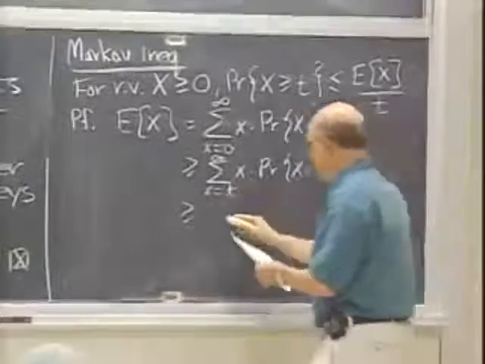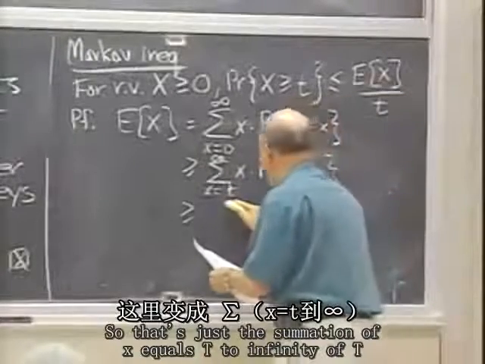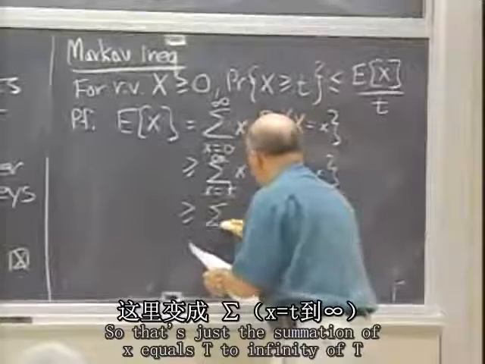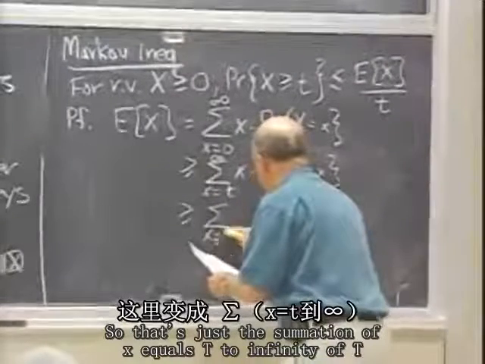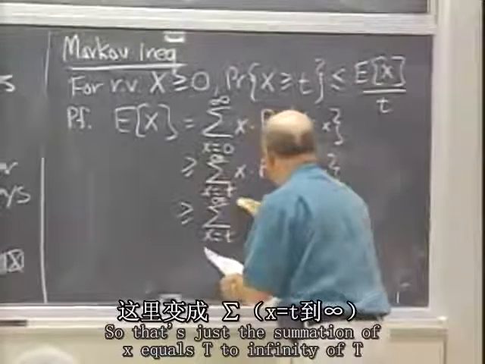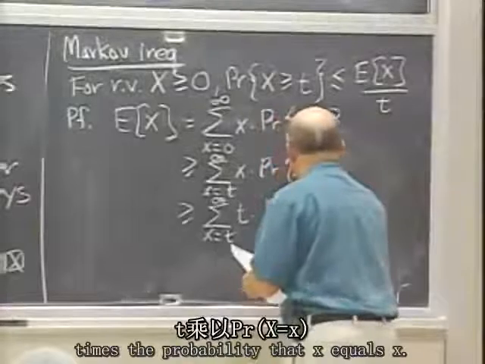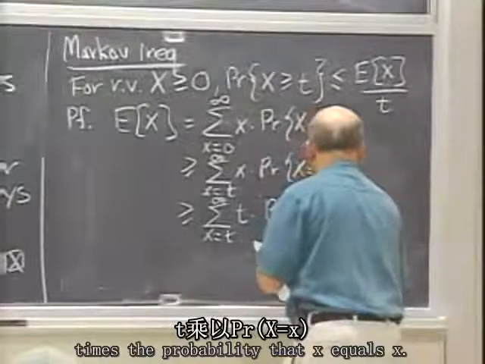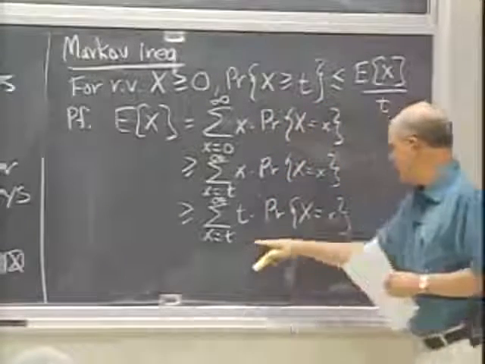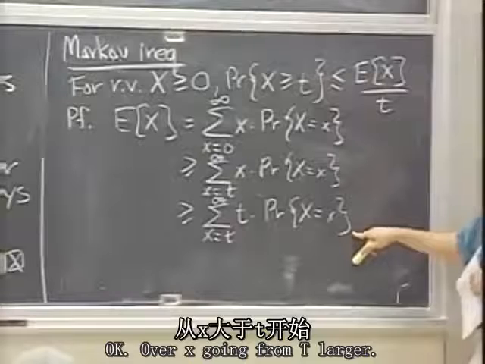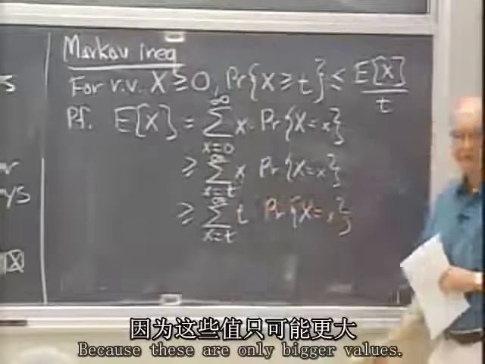So that's just the summation from x equals t to infinity of t times the probability that X equals x, because these are only bigger values.